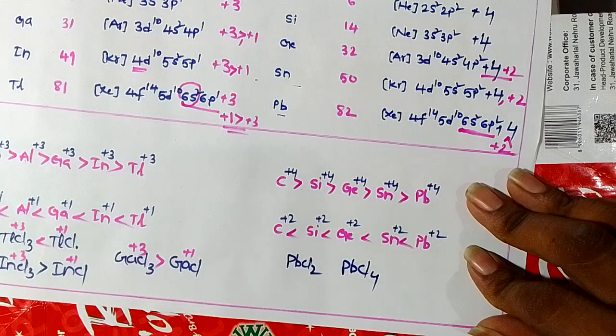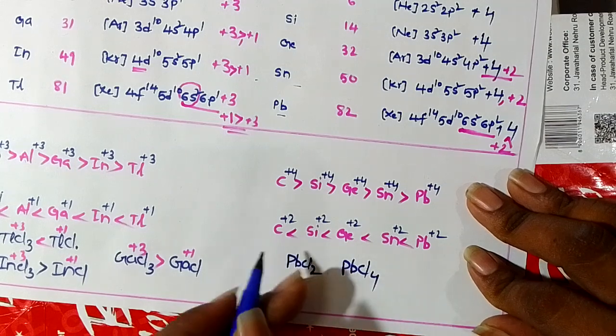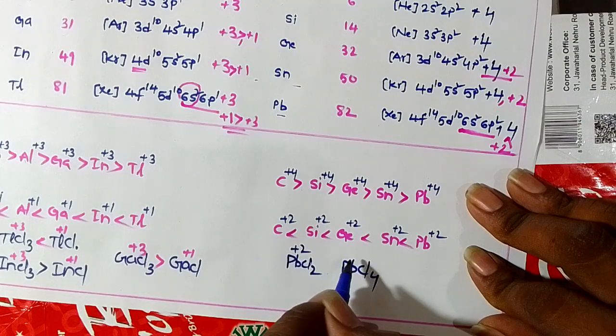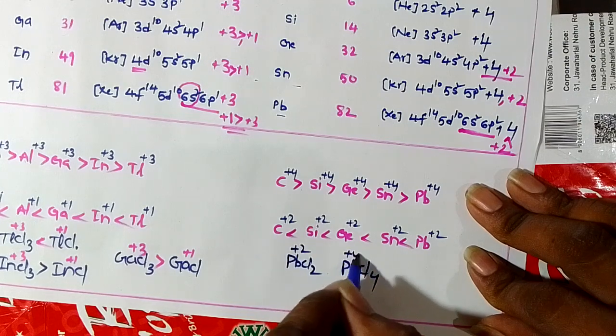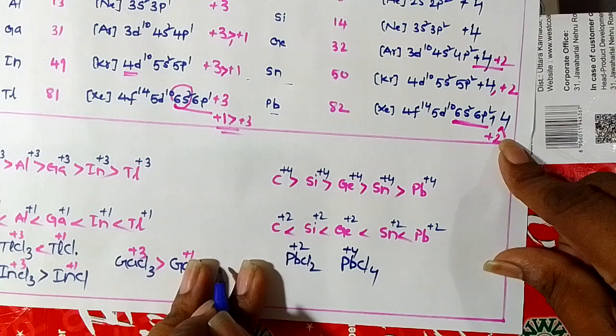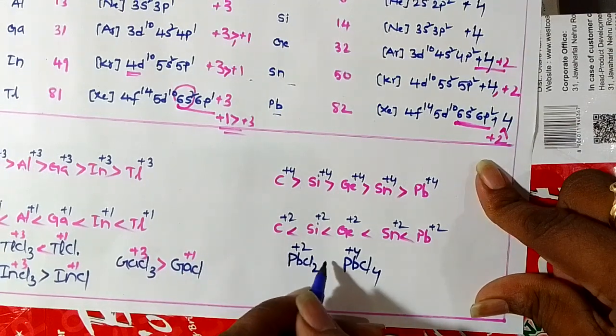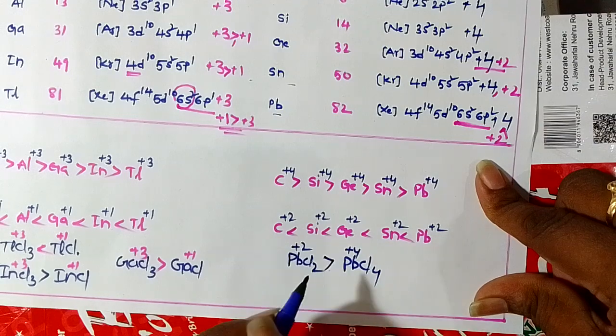Which compound is more stable? In PbCl2 the oxidation state of lead is +2. In PbCl4 the oxidation state of lead is +4. So in lead, which oxidation state is more stable, +2 or +4? The +2 oxidation state is more stable. That's why PbCl2 is the most stable compound.